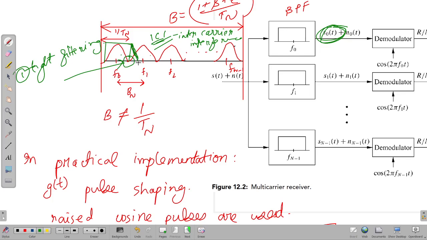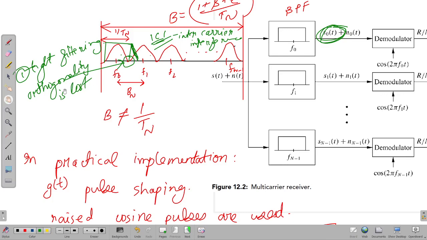If there is no tight filtering, the orthogonality of subcarriers is lost, because the other subcarrier gets added with this subcarrier.